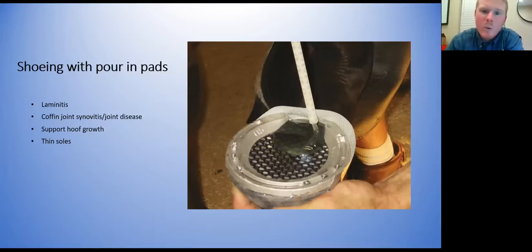So number one, I think of pour-in pads as extra support. So thin soles may not be a bad idea to put a pour-in pad or a leather pad. It just helps them perform. Takes their sole pressure off the ground, allows them to maintain and grow hoof. And some horses are very thin soled. And so this is a part of the process in corrective shoeing and making a well-balanced hoof.